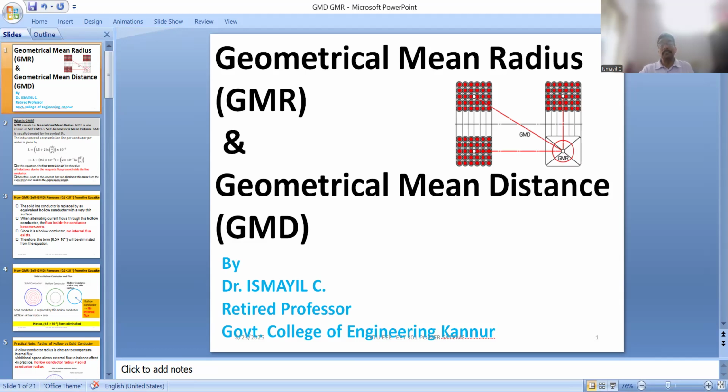Our expression will be such that 2 into 10 raised to minus 7 ln, instead of this d, we will be using geometrical mean distance, and instead of this r, we will be using geometrical mean radius.